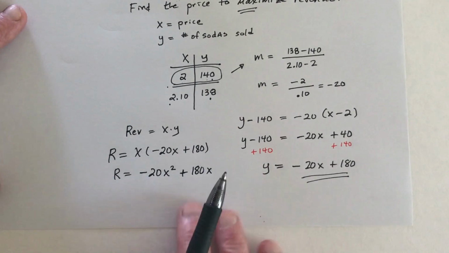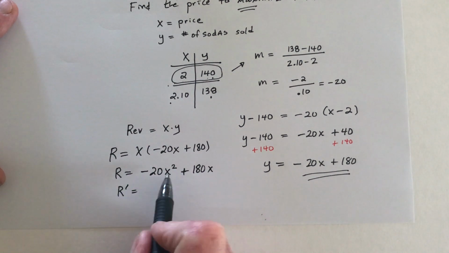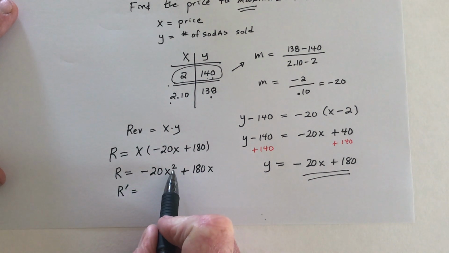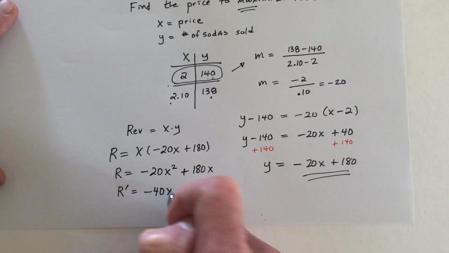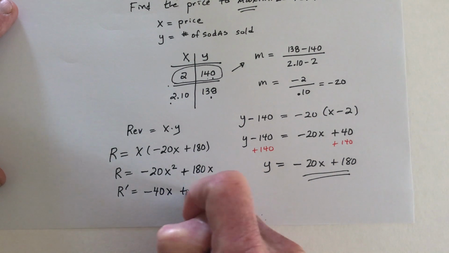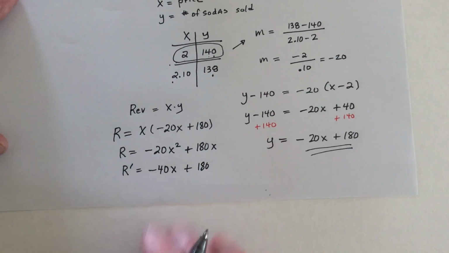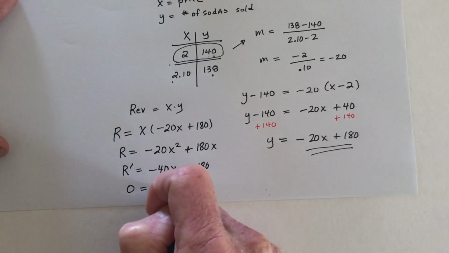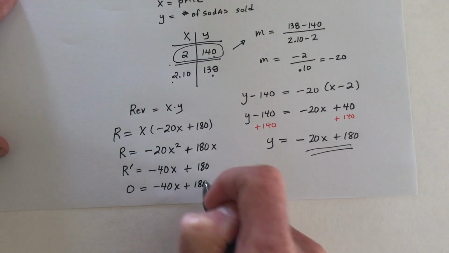So for the derivative, r prime equals, just do the power rule right here. So this times this is going to be negative 40, and now it's x raised to the 1. The derivative of x is just 1, so this is going to be plus 180. And then when you set it equal to 0, we're almost done with it.